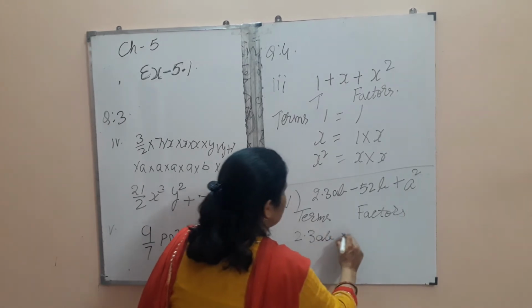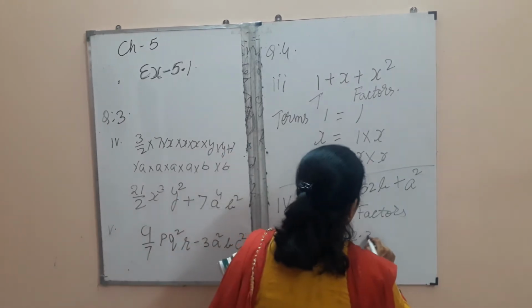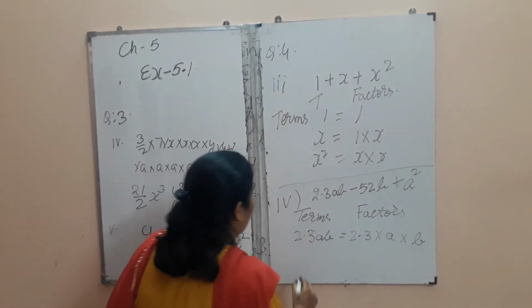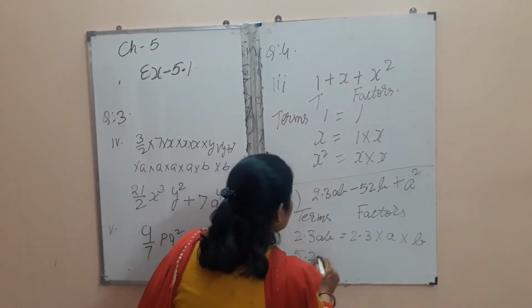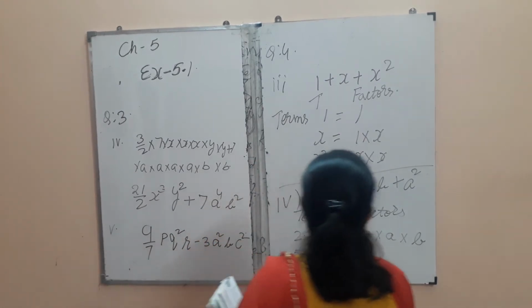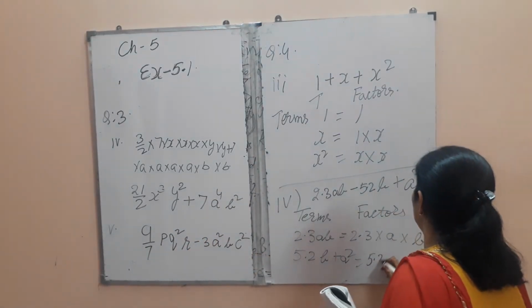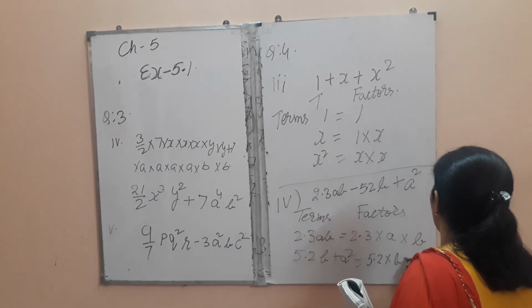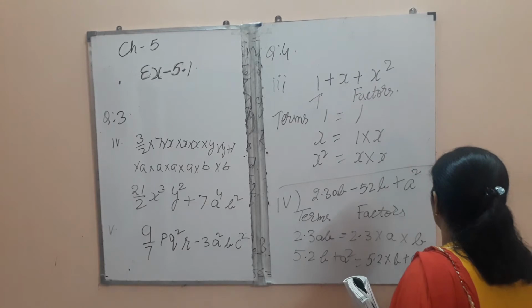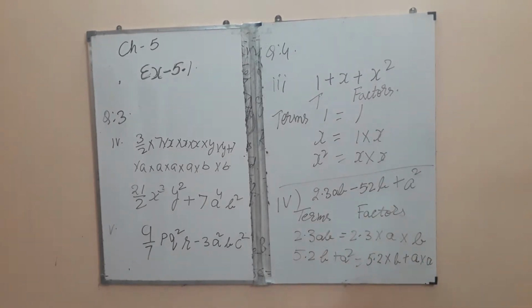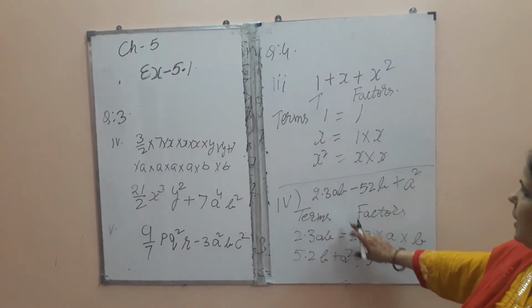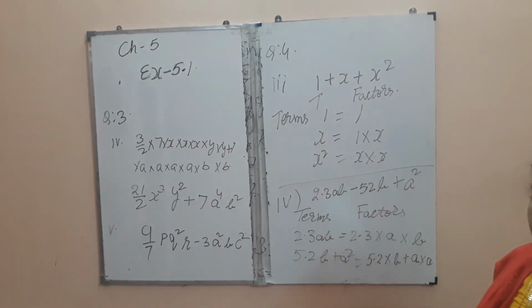The factors of 2.3 AB will be 2.3 into A into B, and 5.2 B plus A square will be 5.2 into B plus A into A. Understood? So like this you will express them in the form of terms and their factors.